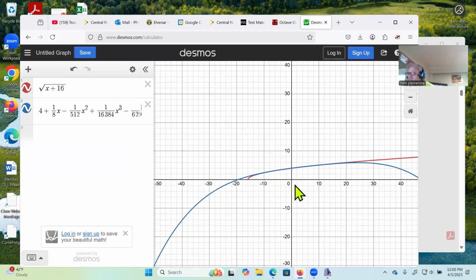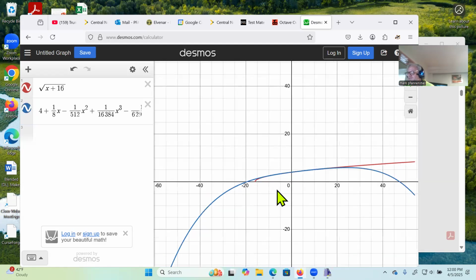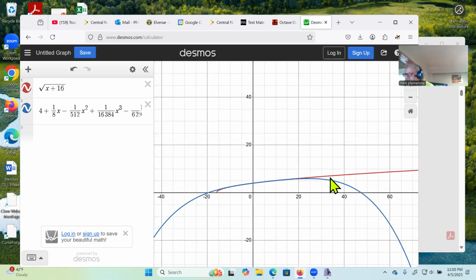But as far as we get close to 0, and all the way out to 20, it's pretty close. So even out to like negative 16 over here, this is a pretty reasonably good approximation, although it gets worse the further away you go. So you can see it's not perfect forever and ever. It can't be. But the more terms you have, the closer it's going to be.